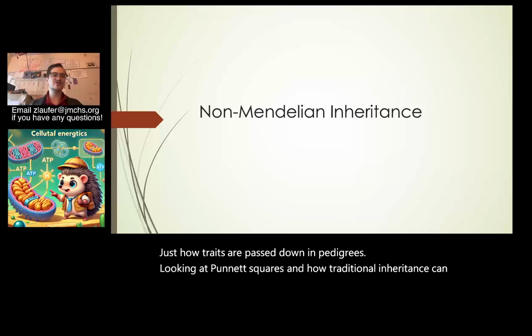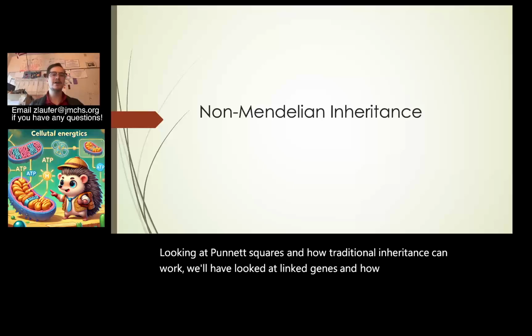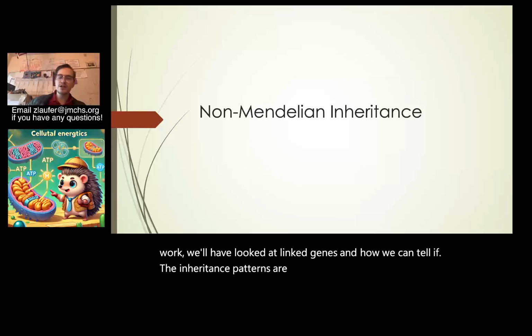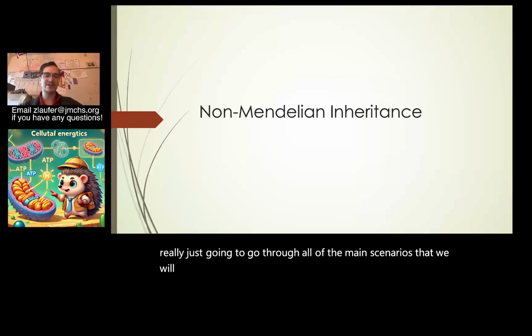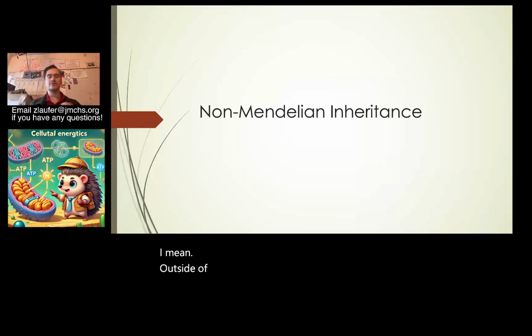We'll have looked at linked genes and how we can tell if the inheritance patterns are seeming non-Mendelian. And this is really just going to go through all of the main scenarios where we will get non-Mendelian inheritance. And when I say non-Mendelian, I mean outside of the realm of just two copies of every gene.